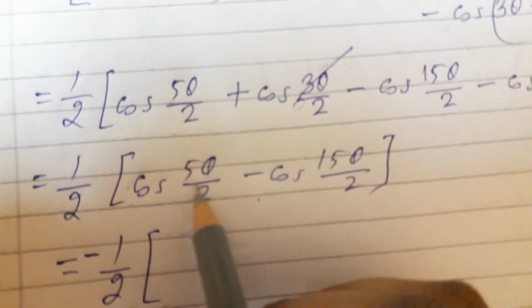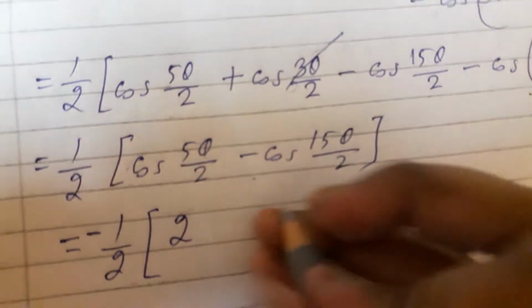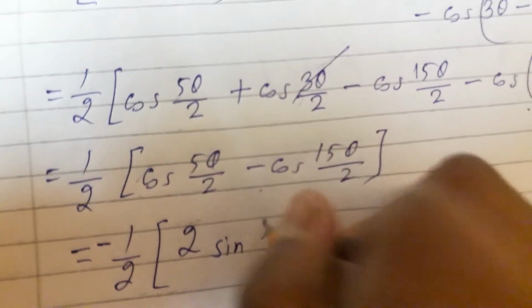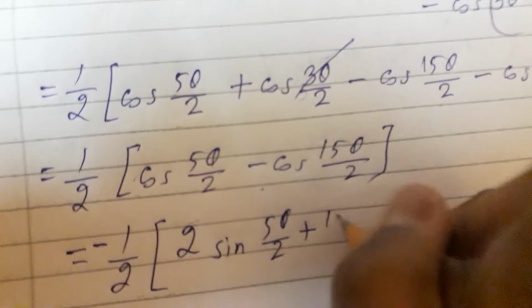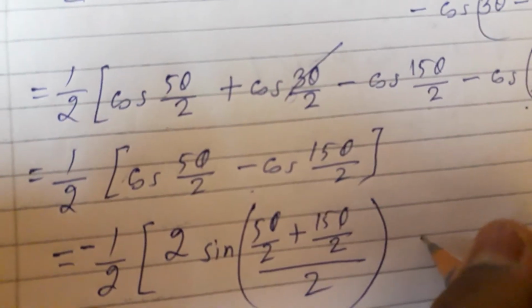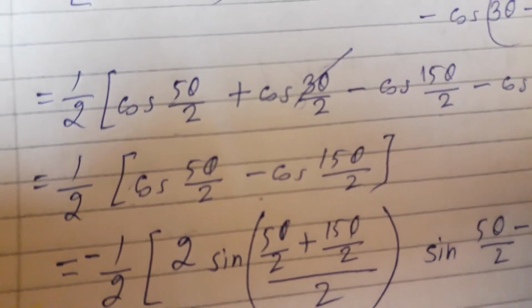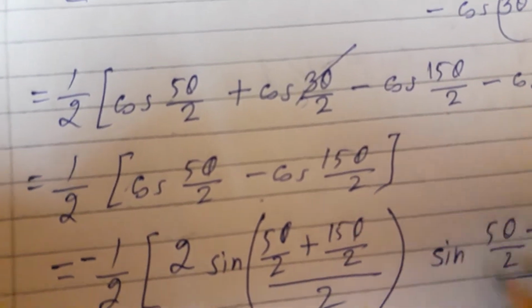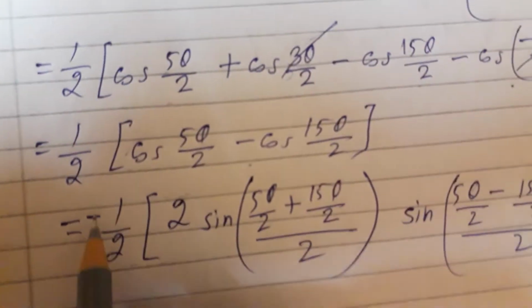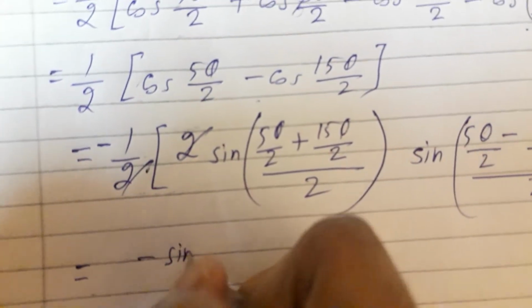So we can write cos A minus cos B as into. If same, then we have to take here sin. So 2 sin (A plus B) by 2 into sin (A minus B) by 2. And before I have given the negative sign, so these two will be cancelled out, and we'll get this minus sign.